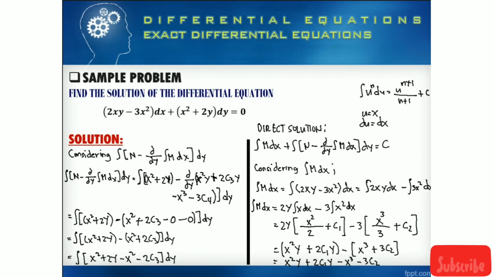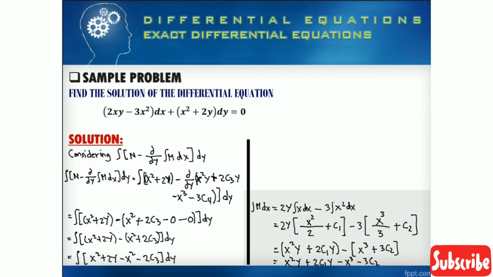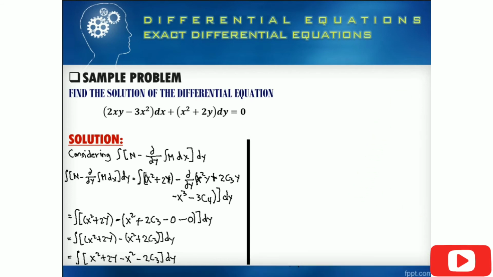Proceeding here, we have this calculation. This is equal to the integral of x squared minus x squared, which cancels out, so 2y minus 2c3, and this is dy.